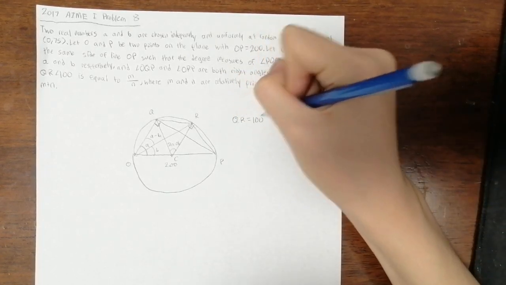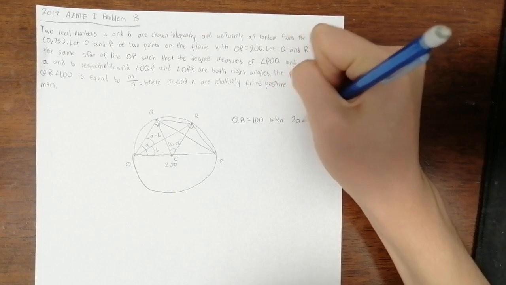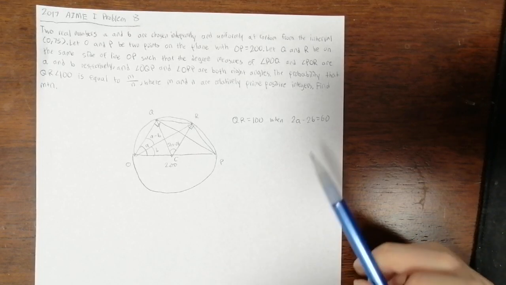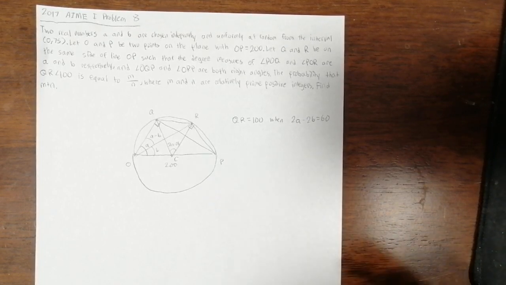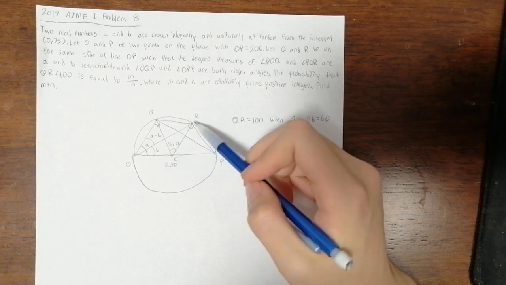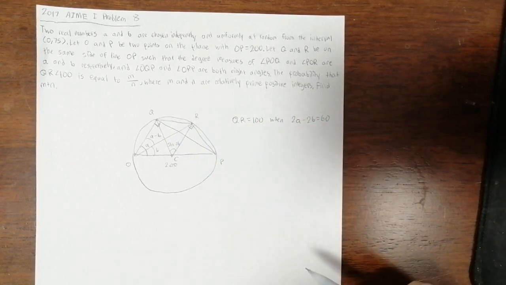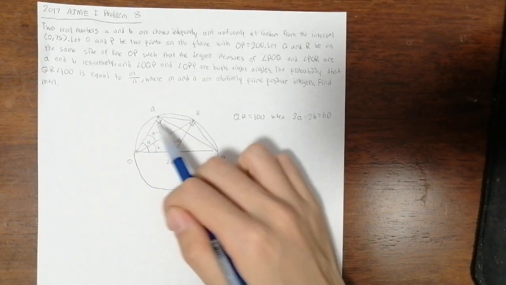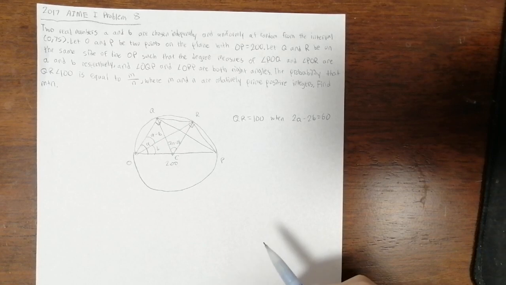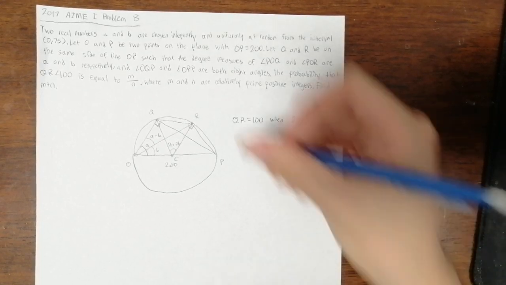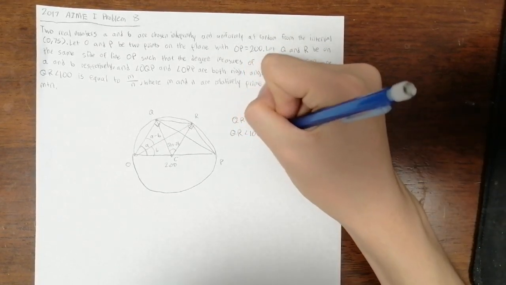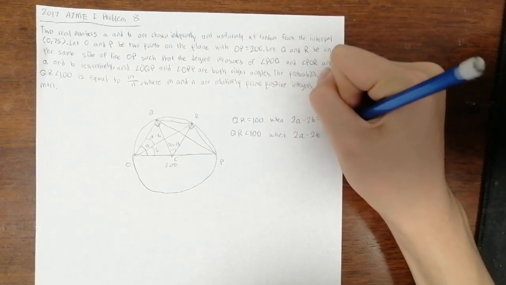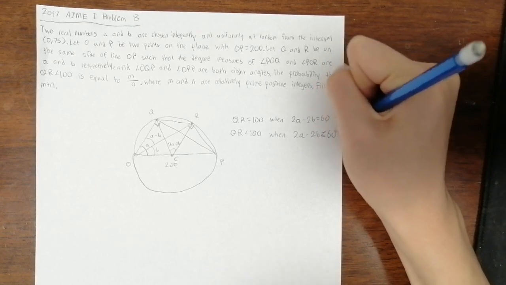QR equals 100 when 2a minus 2b equals 60. And for all 2a minus 2b less than 60, QR is going to be less than 100. Because you can just kind of imagine this angle is closing in, and Q and R are going to get closer to each other, and that's going to make QR smaller. So QR is less than 100 when 2a minus 2b is less than 60.